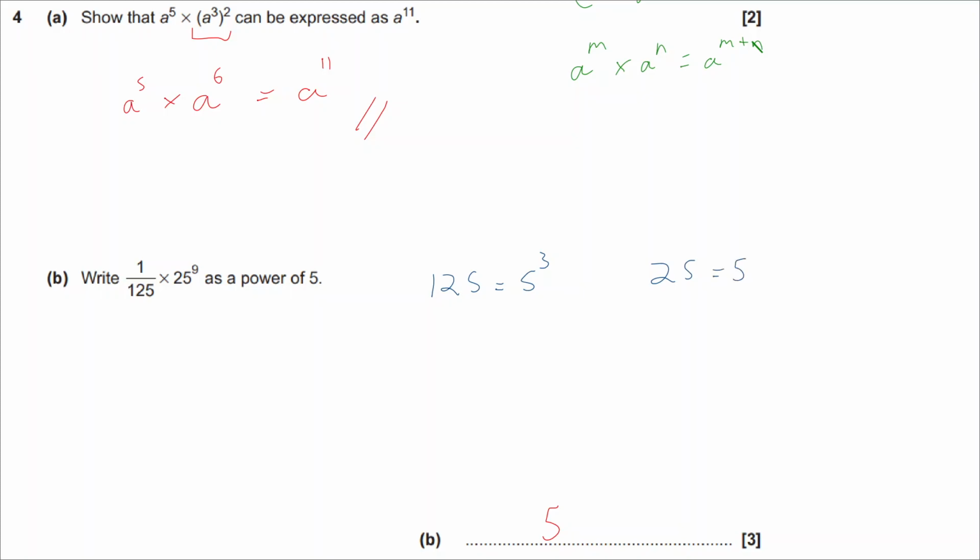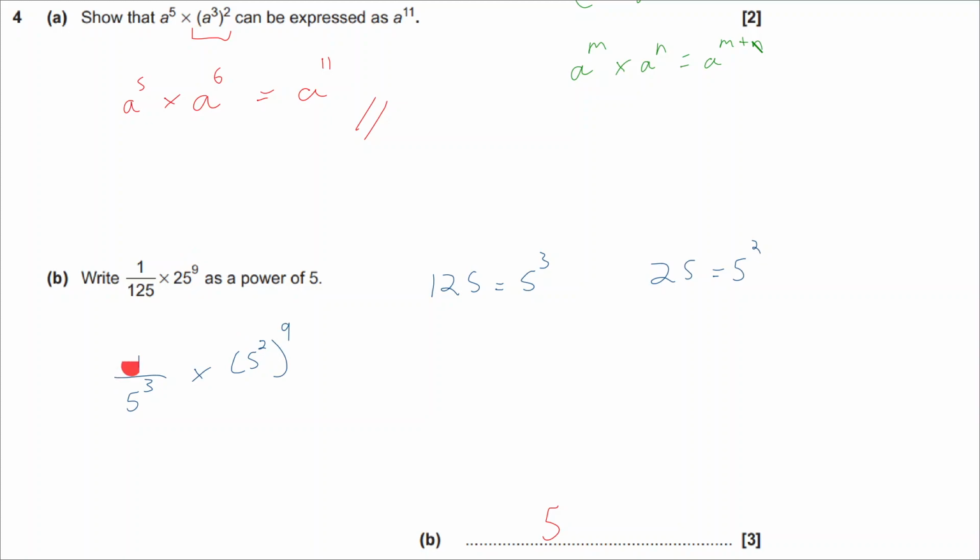Now if I rewrite this a little bit, we've got 1 over 125, which is 5 cubed, times 5 to the power of 3, times 25, which we've just said is 5 squared. I'm replacing the 25 with 5 squared, and that is all to the power of 9.